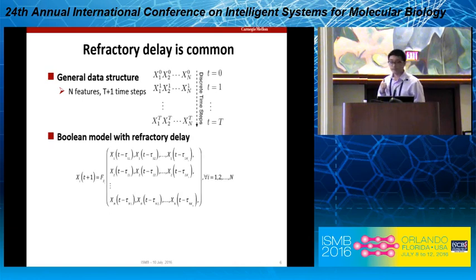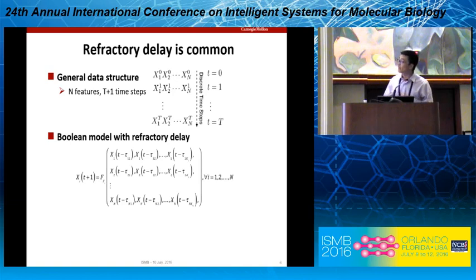Here's one of the concepts I want to introduce. It's called the Boolean model with a refractory delay, which means that the feature you want to predict can be a function of the current time step and a few previous time steps. That's the general form.